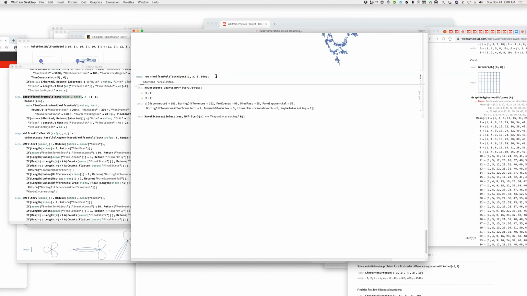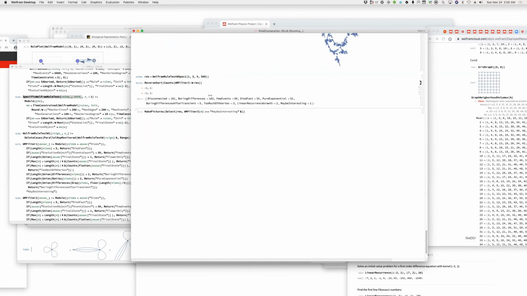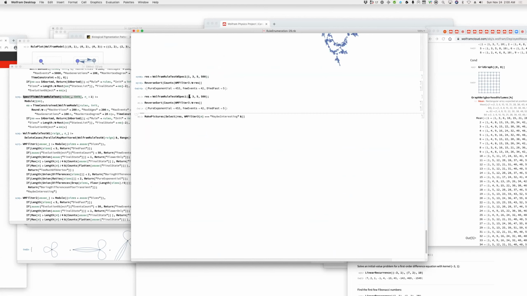Yeah, lots of pure exponentials. Two goes to 4. Let's try 6 symbols, although I can't imagine it's going to make any difference. Do 1,000 of them.